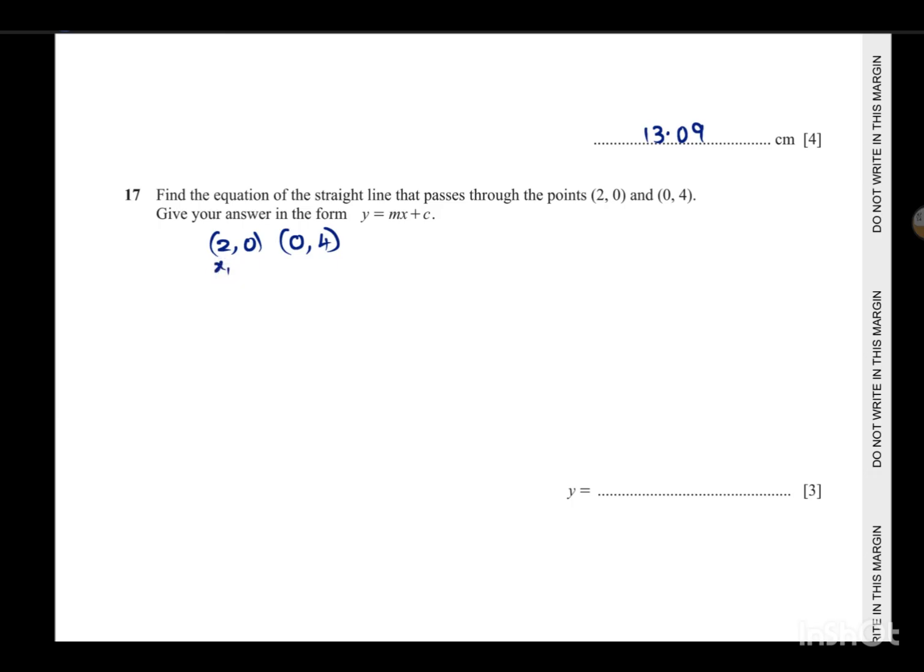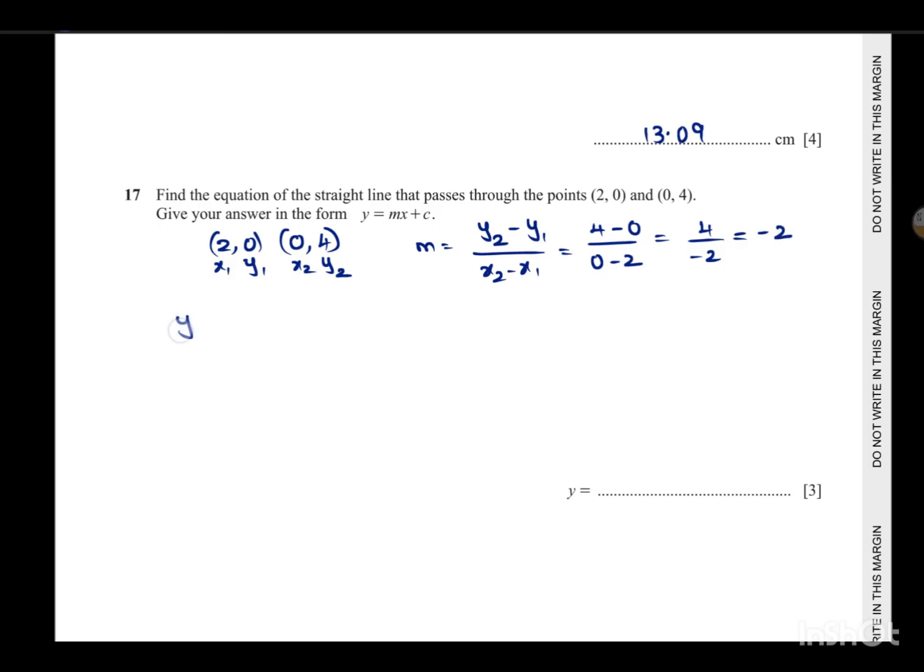We have learned x1, y1, x2, y2. So m, that is gradient, is y2 minus y1 by x2 minus x1. y2 is 4 minus y1 is 0, and x2 is 0, x1 is 2. 4 by minus 2, answer is minus 2. So gradient is minus 2.